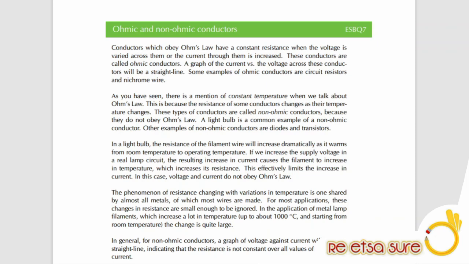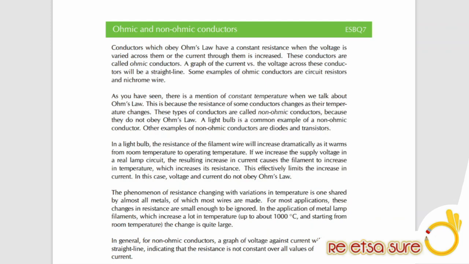These are the ones whereby even when the voltage increases, the current will increase, provided that the resistance will remain the same, or the temperature of that resistance will remain the same. But when you are talking about the non-ohmic conductors, these are the ones that are not obeying Ohm's law, meaning they are the ones whereby we are going to see the temperature changes.